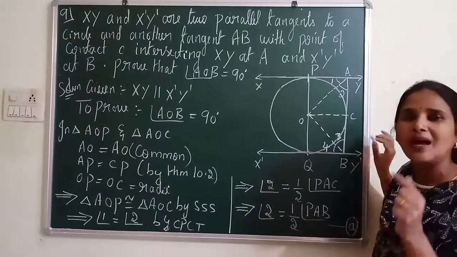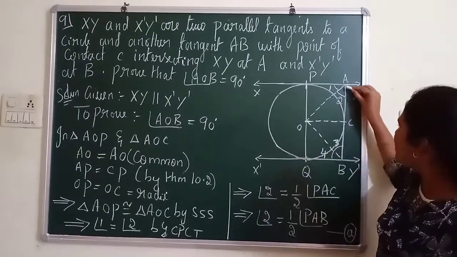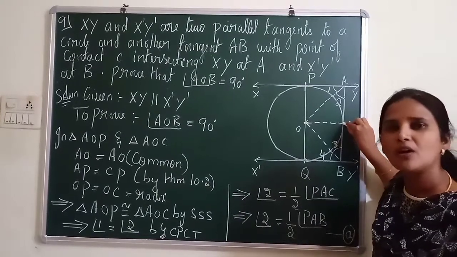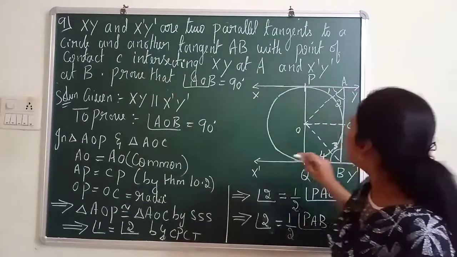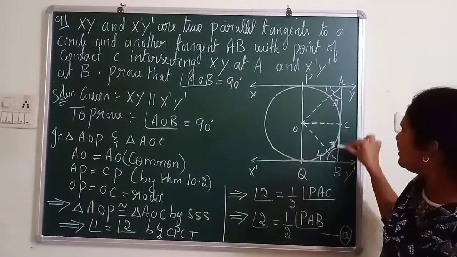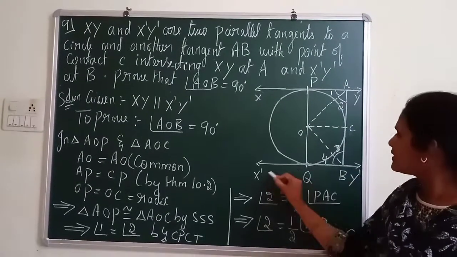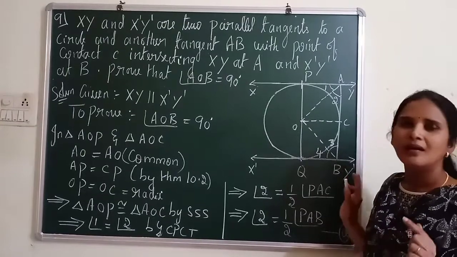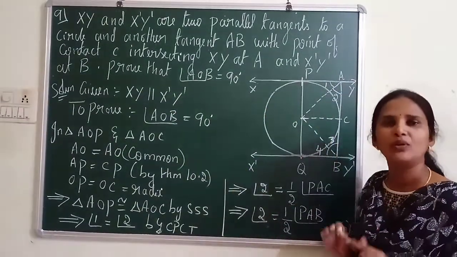Be careful, the diagram will not be given. By seeing the question you have to draw your own. So draw AB which meets the circle at C, the point of contact, intersecting XY at A and X dash Y dash at B. This is given and this is the diagram. We have to prove that angle AOB equals 90 degrees.